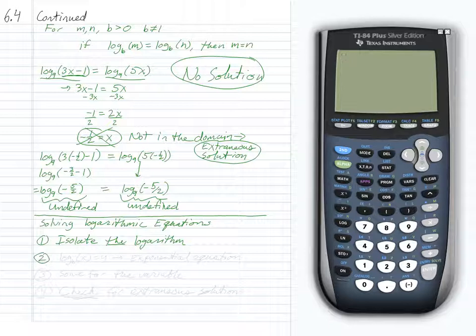Once we have a logarithmic equation of the form log base b of x equals y, we'll convert this to an exponential equation, just as we have before. Then we'll solve for the variable.